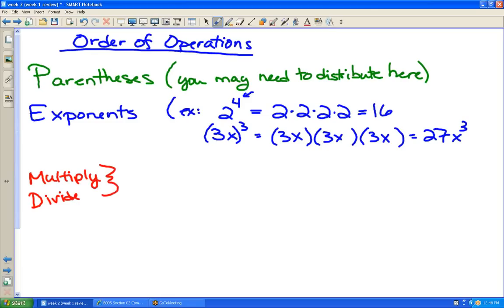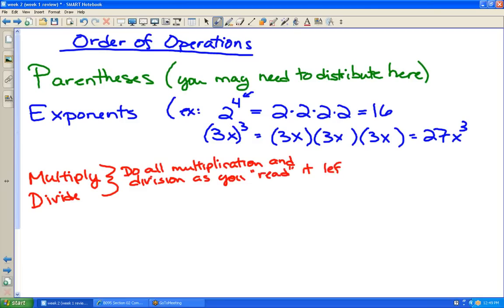It's literally left to right. Any multiplying, any division. Very important, left to right.